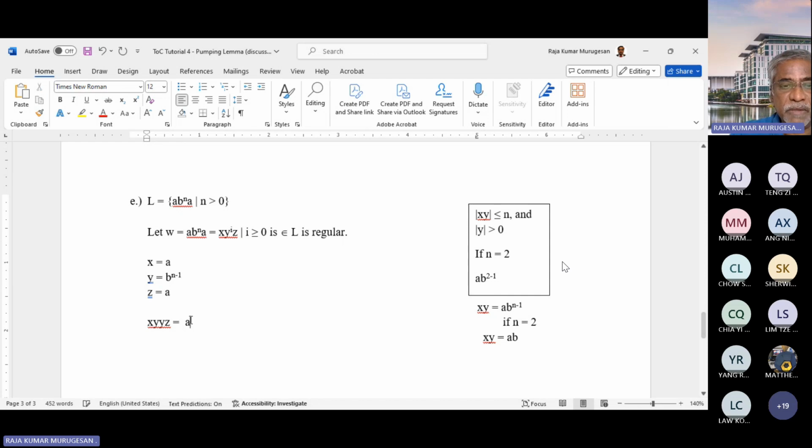X means a. Okay, what is y? B length n minus 1. What is y one more time? B n minus 1. What is z? Z is a. So this is equal to a, b power n minus 1, b power n minus 1, a. So now how to equate this?